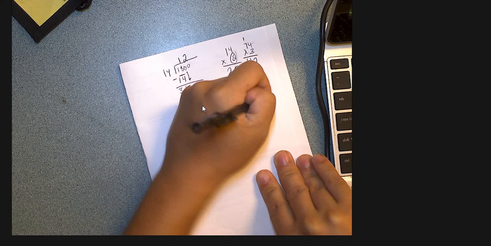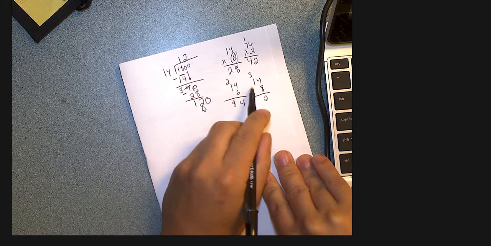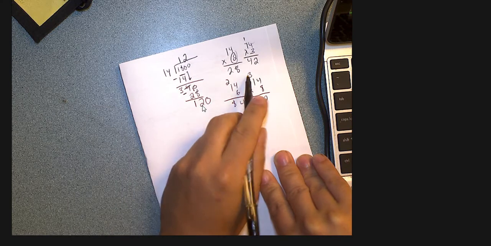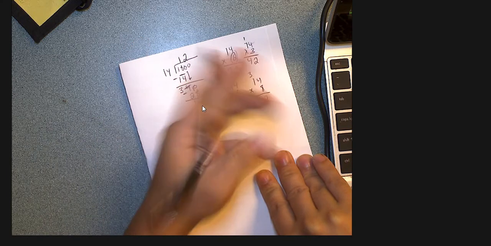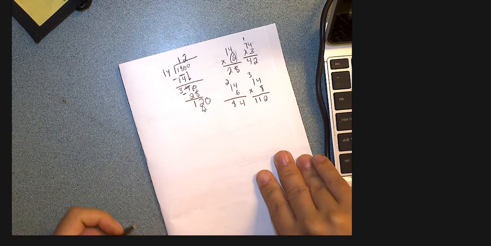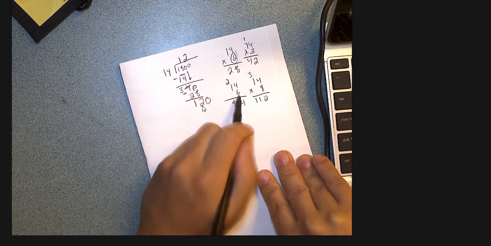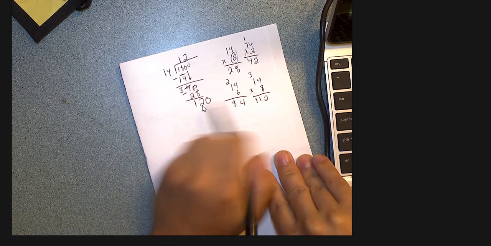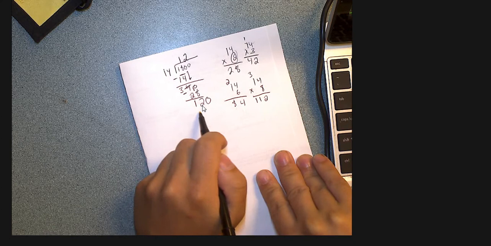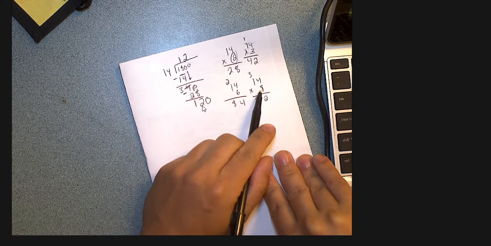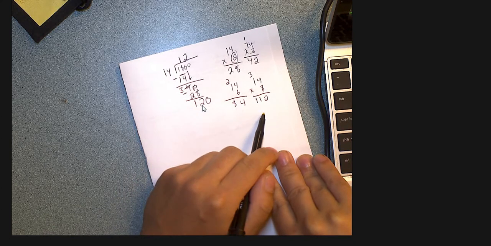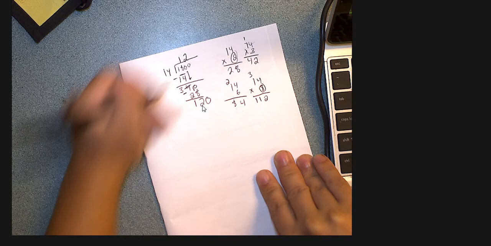I carry the 3. 8 times 1 is 8, plus 3, 9, 10, 11. So I put 11 right here. When I do 14 times 6, 84 is too small. It's not that close to 120. But when I do 14 times 8, it's 112. So I'm going to use this number 8.